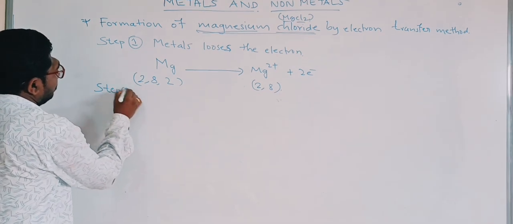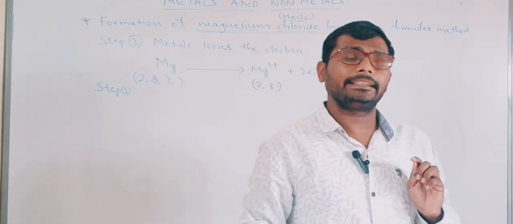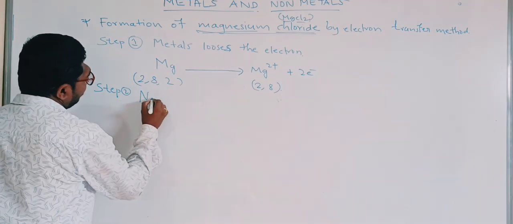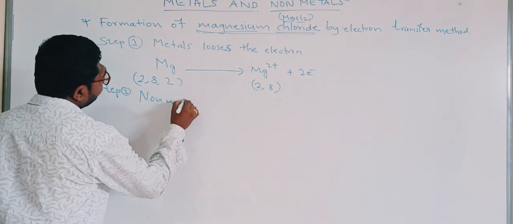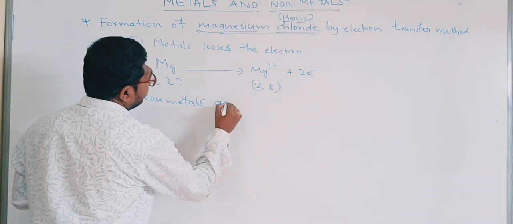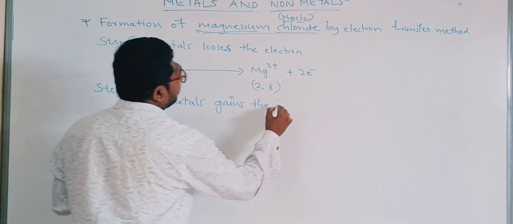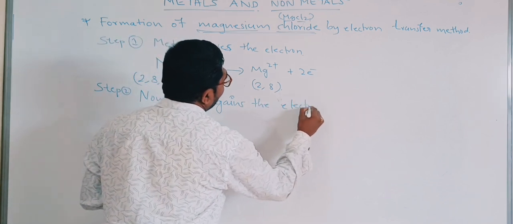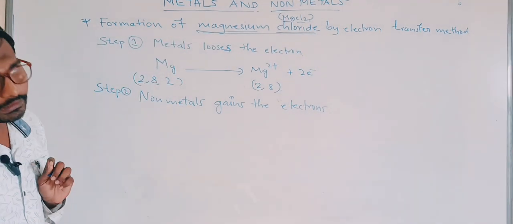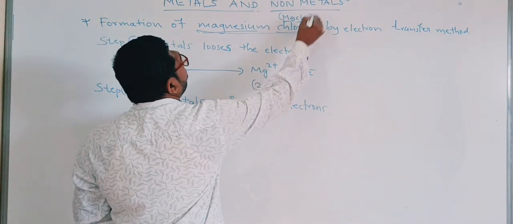Step 2: non-metals gain electrons. First, which one is the non-metal here? Chlorine.